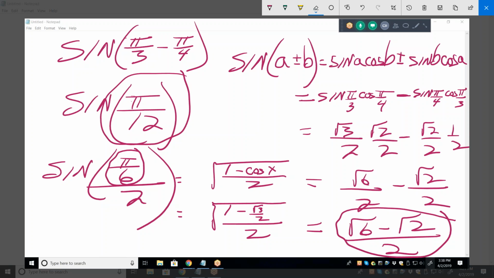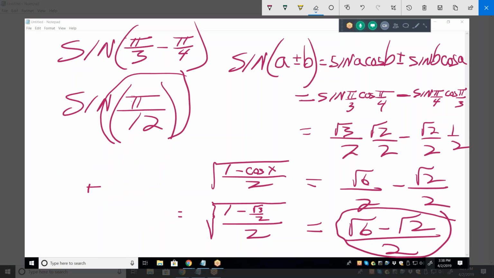Now, is that the same answer? What do you think? In other words, we did this a different way, using the half angle formula. Are these two answers the same?